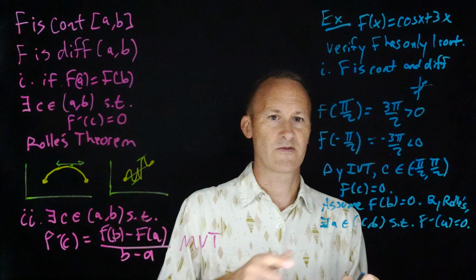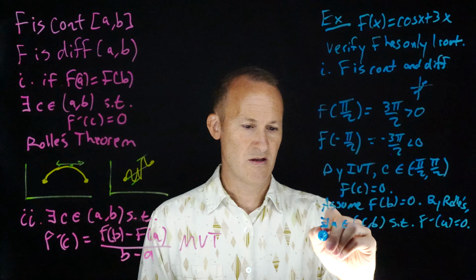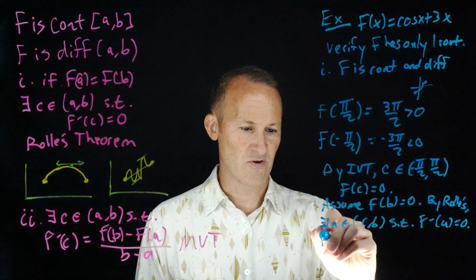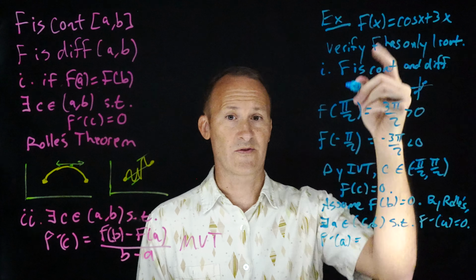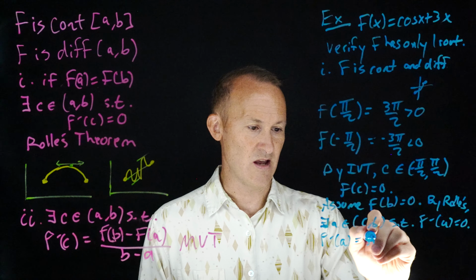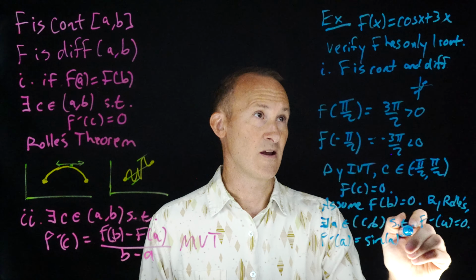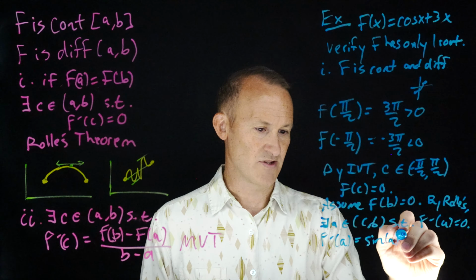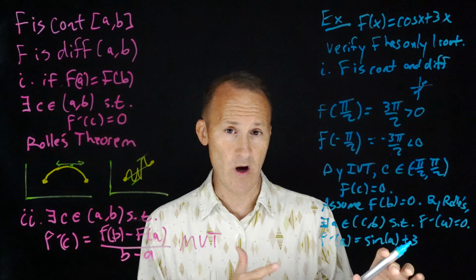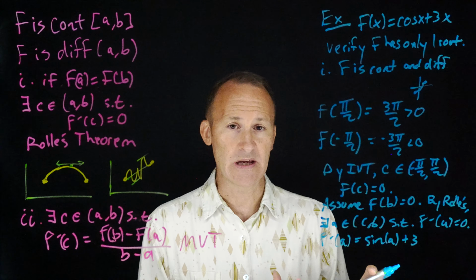Okay, this all seems fine so far, so let's check f prime of a. Derivative of cosine is sine, plug it in and we get sine of a plus 3. The sine of a is between 1 and negative 1, no matter what you put in.